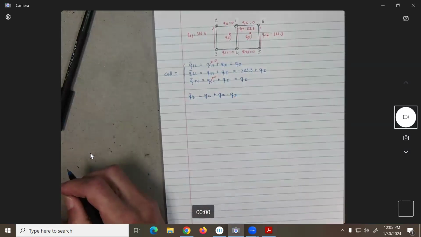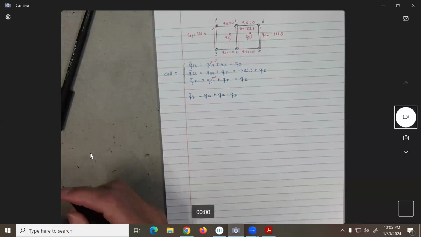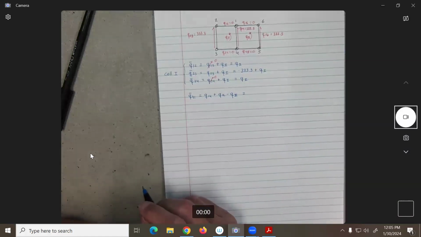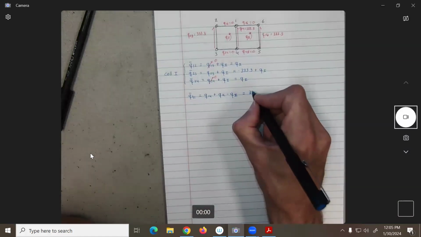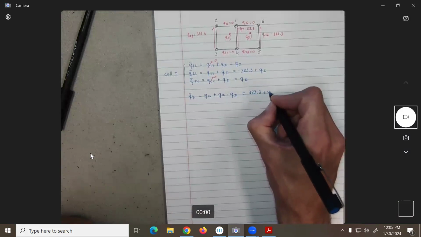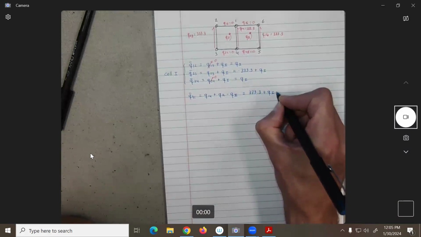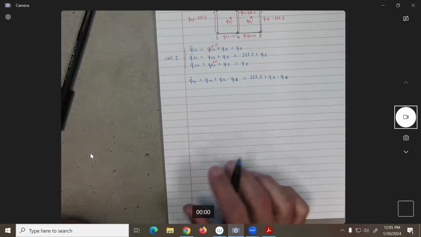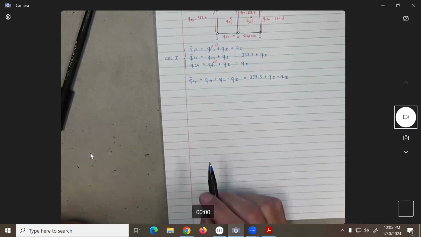Minus the Q bar 2, no? Yeah? So this one will be equal to what? What is Q14? So Q14 will be equal to the 3.3 plus Q1 minus Q2. Okay, this is the middle.